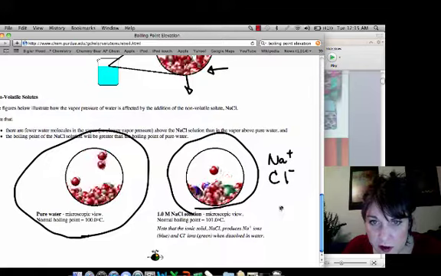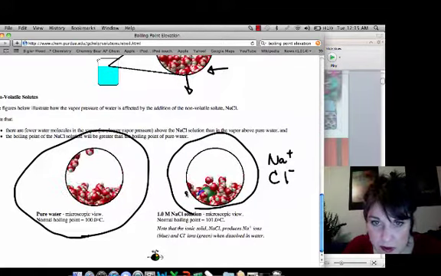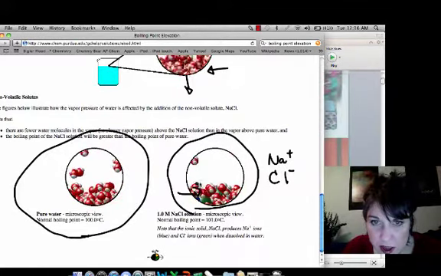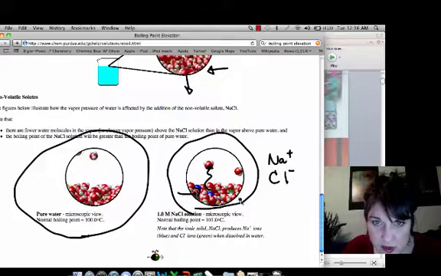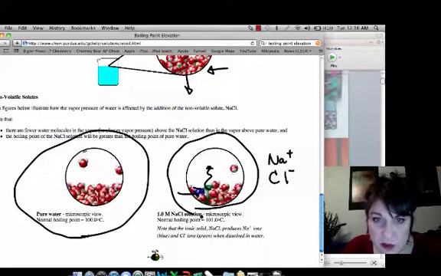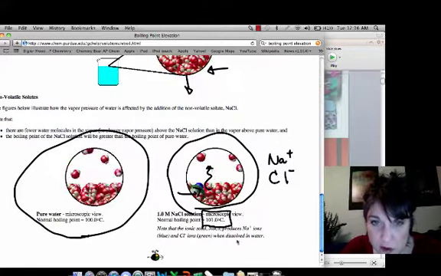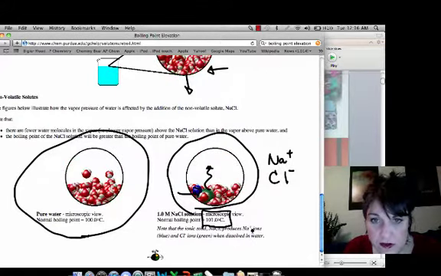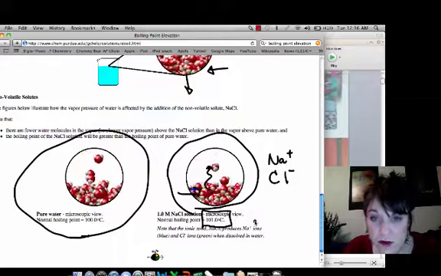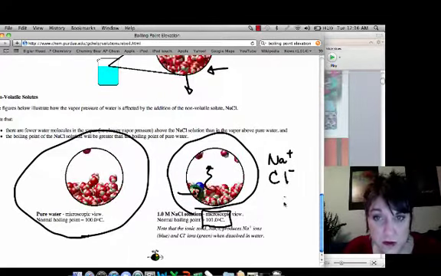If they're dissolved in the water, then that means they're moving about in this container too, and so they're blocking some of these water particles from getting out. Then we have a lower vapor pressure, and the boiling point for a 1 molar solution of salt raises up to 101 degrees Celsius instead of the normal 100.